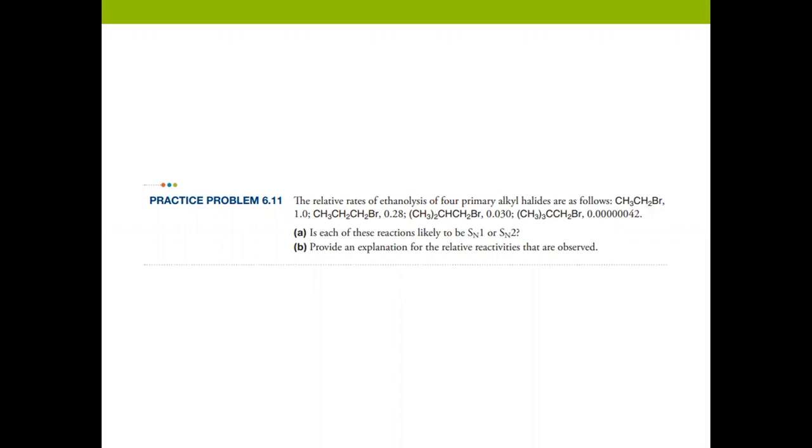Of course, you've learned that SN1 favors tertiary alkyl halides, so that you will form a tertiary, 3-degree carbocation. SN2 will always favor a methyl or a 1-degree alkyl halide because there is a concerted attack from the back.